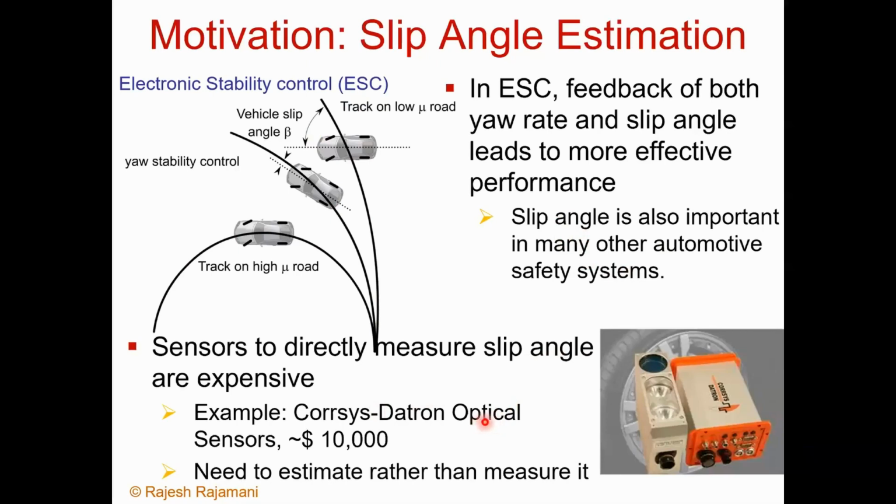These optical sensors look at the texture of the road and find the velocity vector by doing that. They are very expensive. For example, the cost of an optical sensor could be as much as $10,000 or higher. Therefore, it's good to estimate slip angle rather than try to measure it, because the sensors for measuring it are too expensive.